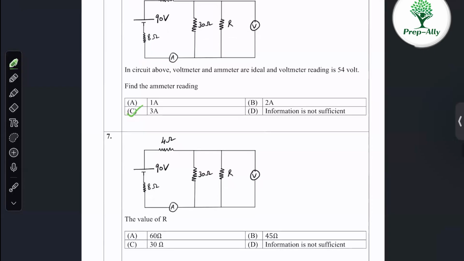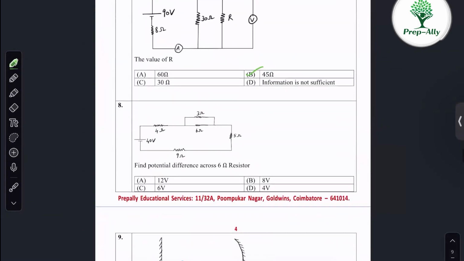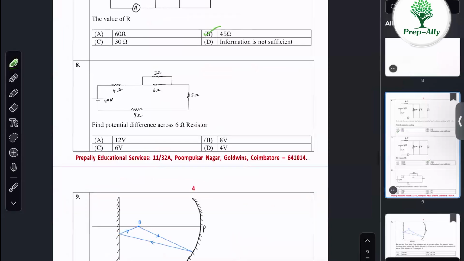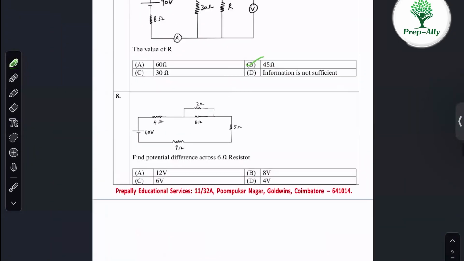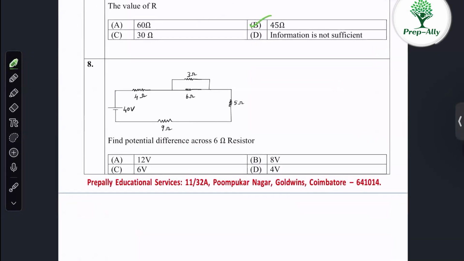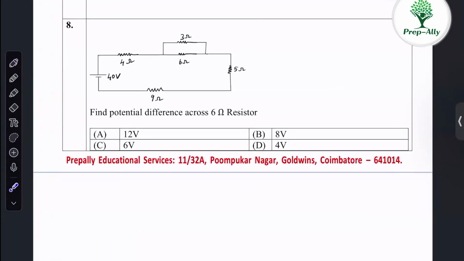So that was the seventh one. Then question number 8. The potential difference across the 6 ohm resistor is asked. So here again you can see 9, 4, 5.